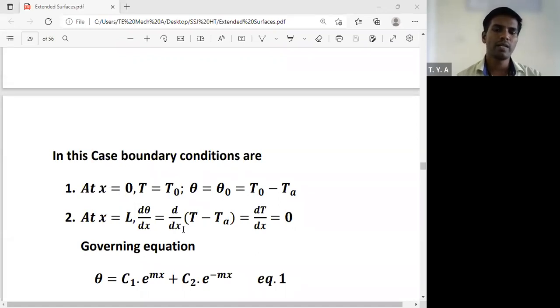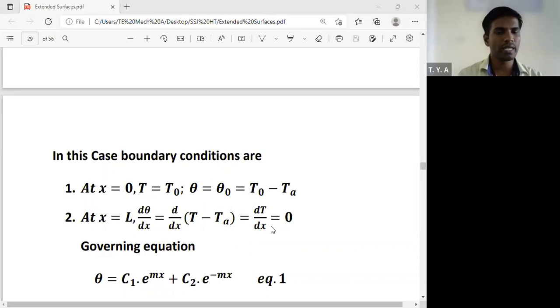Okay, similarly, what is the second boundary condition? At x is equal to L, d theta by dx is nothing but d(T minus Ta) by dx. Okay, so both values are constant. So therefore dT by dx is equal to 0, because at the end heat transfer is not taking place.